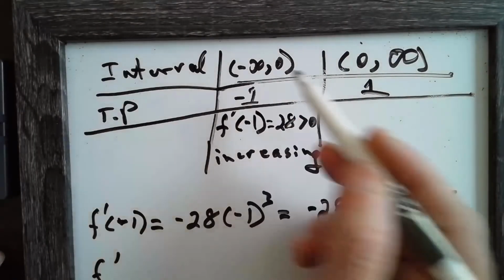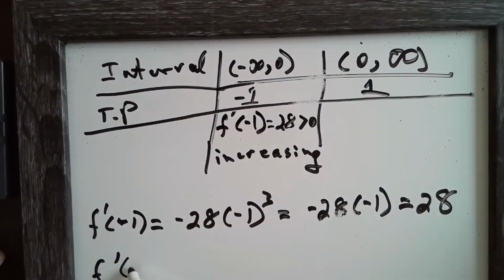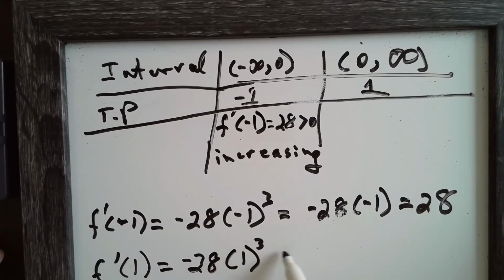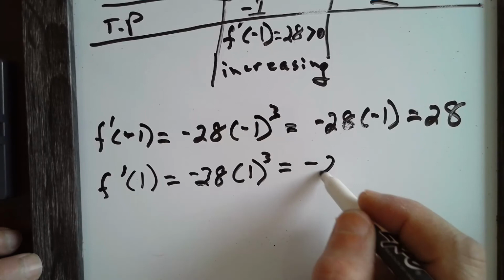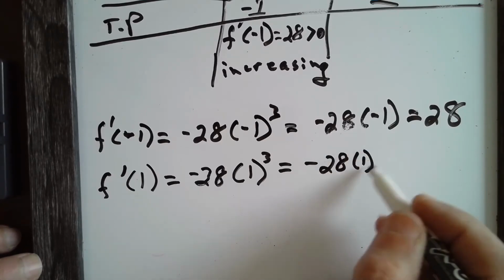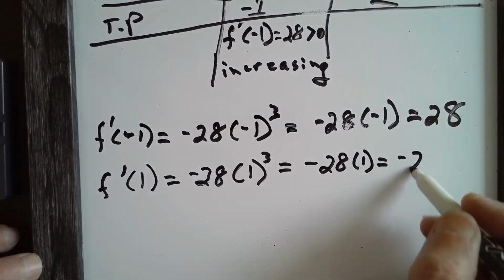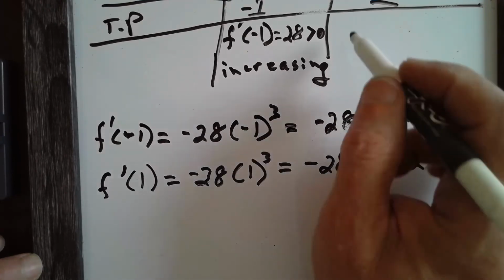So we put in +1, and so there'll be negative 28 times +1 cubed. Well, +1 cubed is still just +1, so that's negative 28 times +1, and that gives us negative 28.